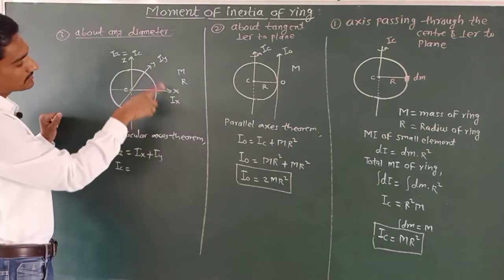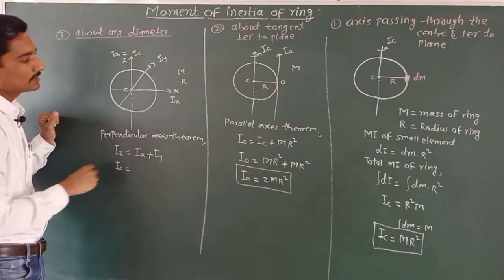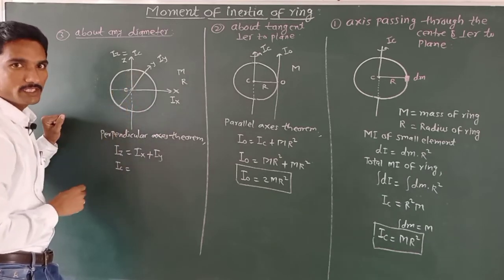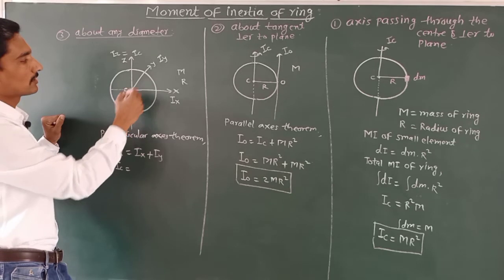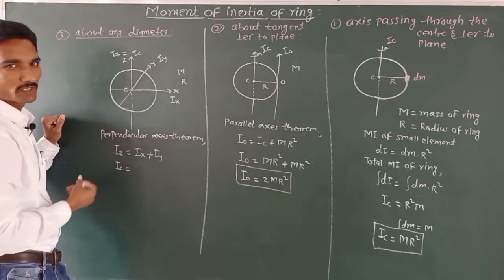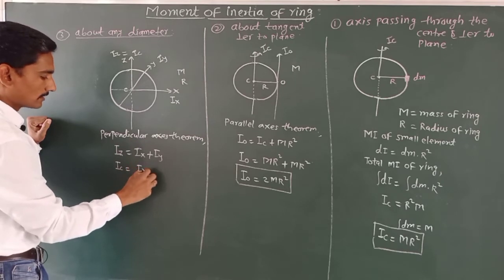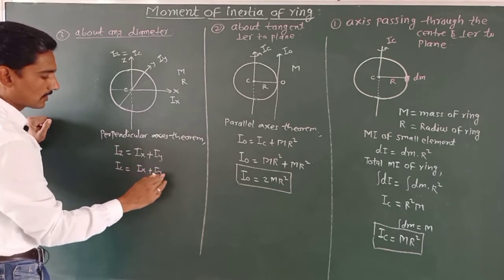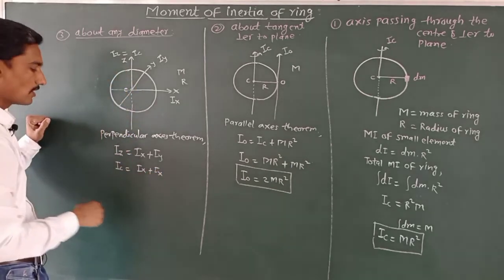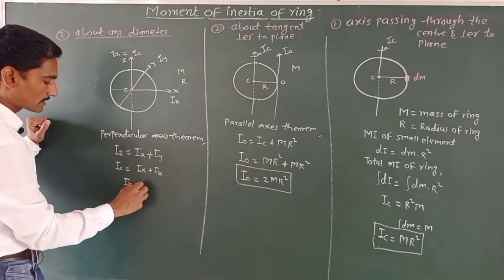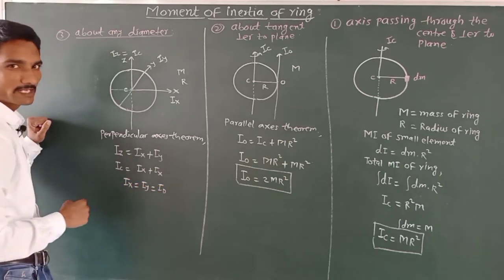So this Ix plus Iy is the moment of inertia about the diameter, but Ix and Iy are equal, because if we determine the moment of inertia about this diameter or about this diameter, it is the same. So we can write Ix plus Ix or Iy plus Iy, or we can write Ix equals Iy equals Id, where d indicates the diameter.